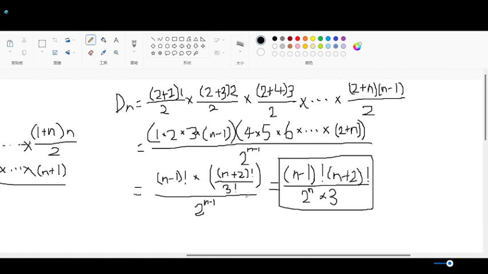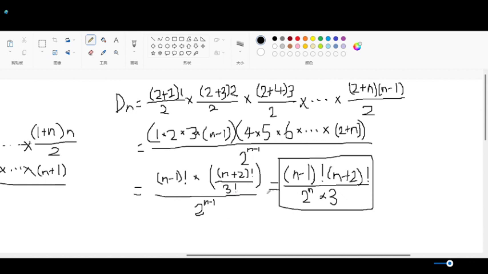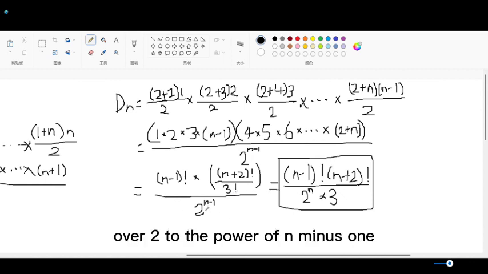So dn now equals n minus 1 factorial times n plus 2 factorial divided by 3 factorial over 2 to the power of n minus 1.